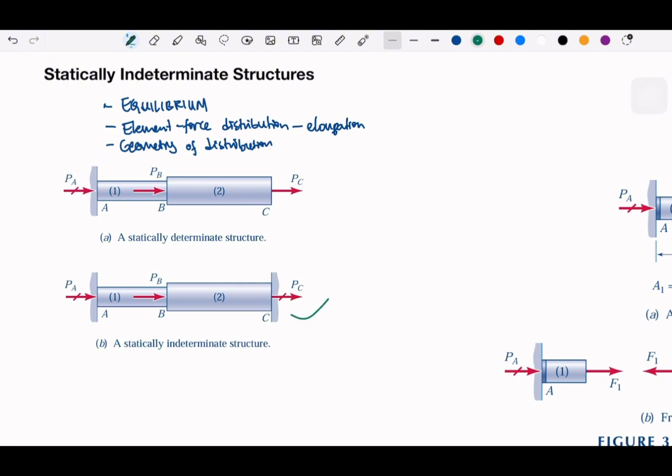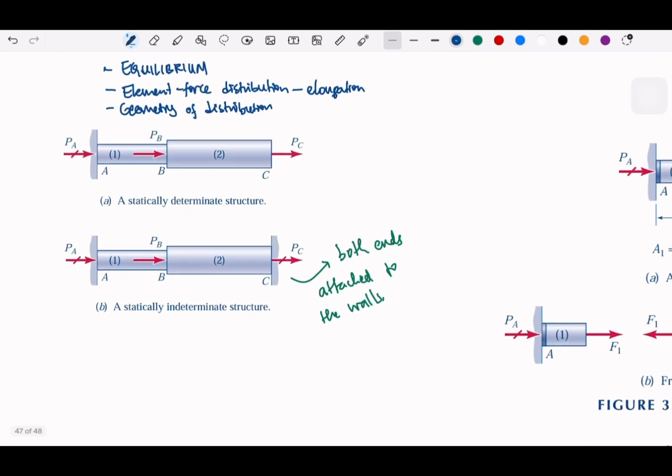So here both ends are attached to the walls. So the problem is that the known information is only PB. The unknowns will be PA and PC. Okay.